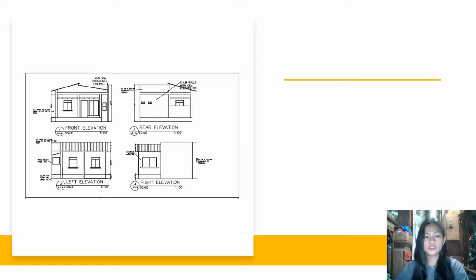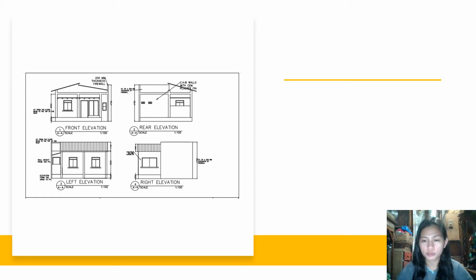Now, meron tayong 4 elevations, which are the front elevation, the rear elevation or the back part of our house, the left elevation, and also the right elevation. Yung right elevation, yung nakadikit sa aming neighbor. So, yun ang lalagyan ko ng 200 mm thickness for firewall and also yung rear elevation.